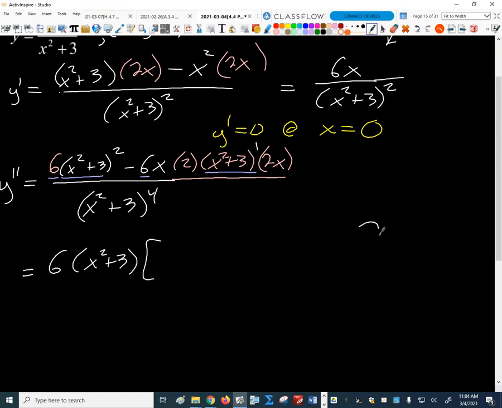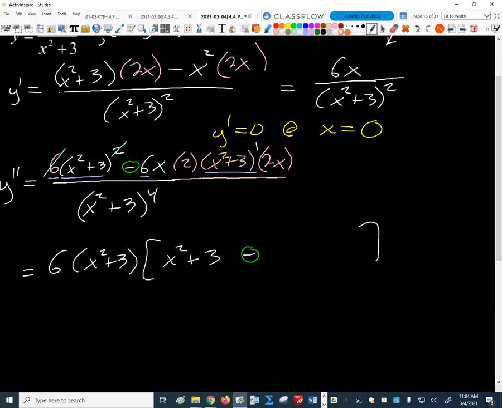And then what's left behind when I do all that stuff? So here's my minus sign. What am I left with from the first term? Well, it looks like that 6 goes away, and I'm factoring away one of those powers, so in that first term, I'm left with an x squared plus 3.